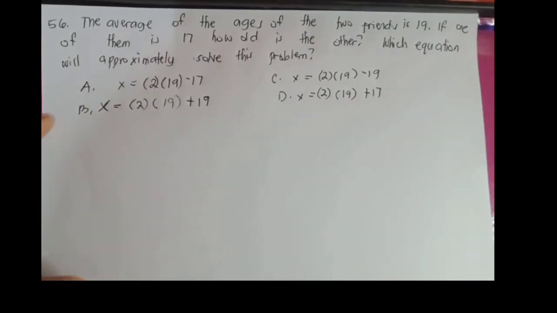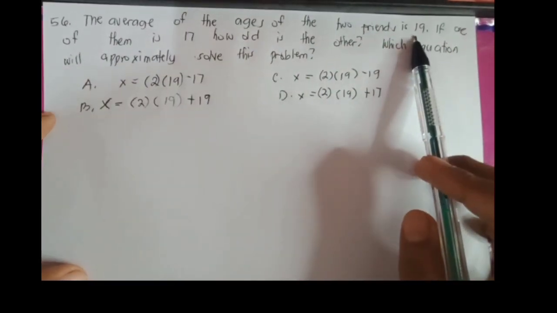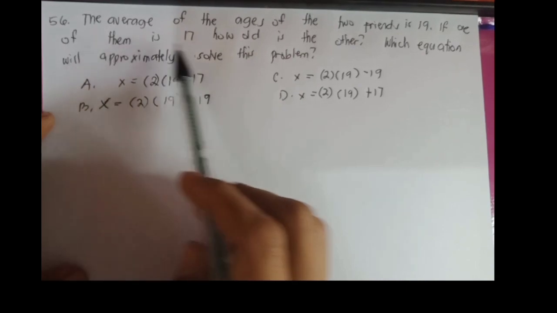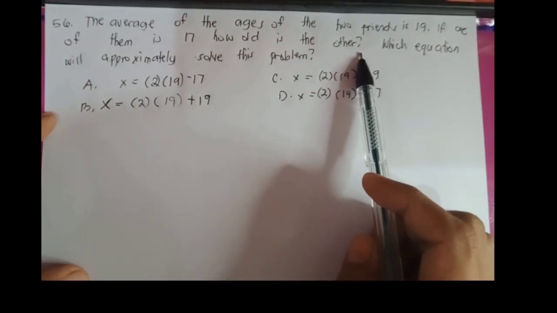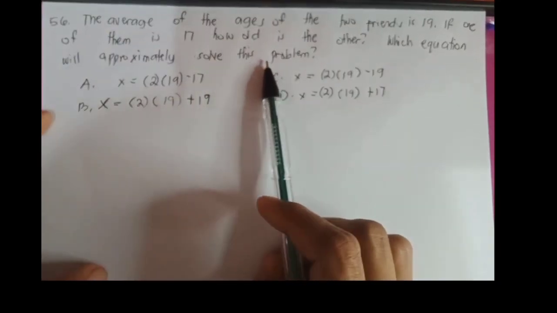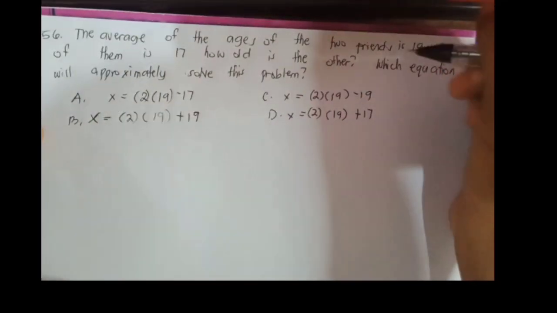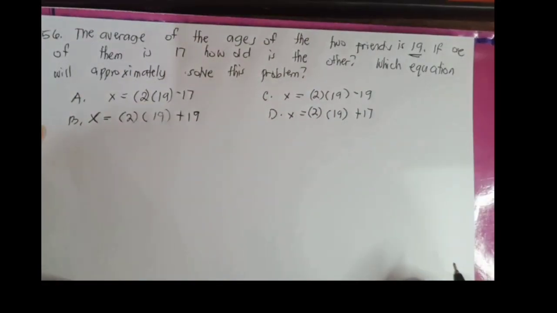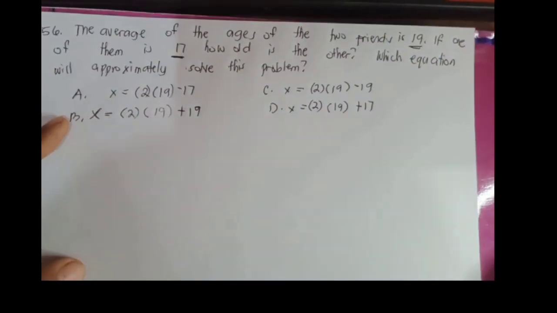Next, the average of the ages of the two friends is 19. If one of them is 17, how old is the other? Which equation will approximately solve this problem? In this, we know that the average is 19 and the age of one friend is 17.